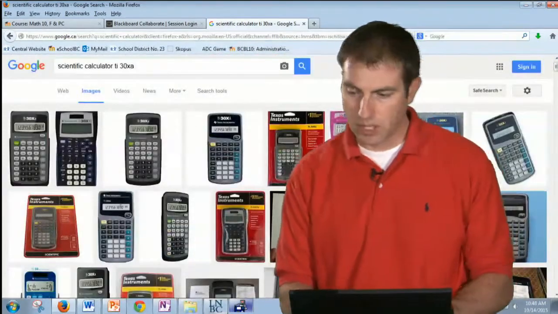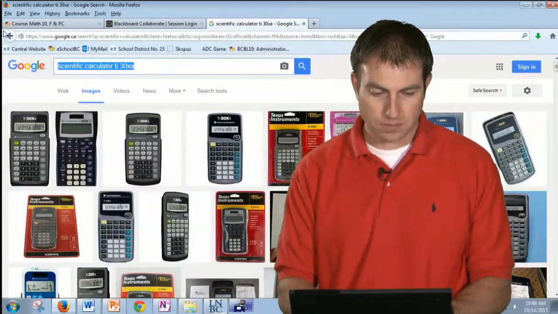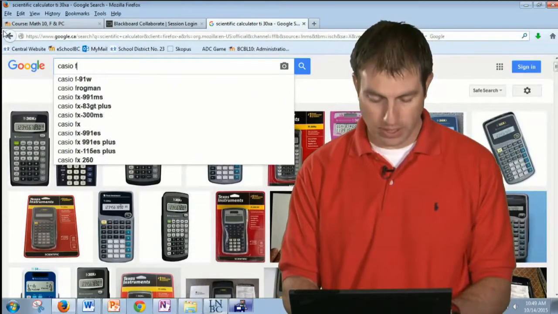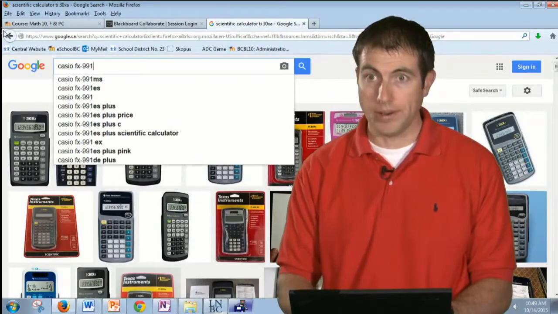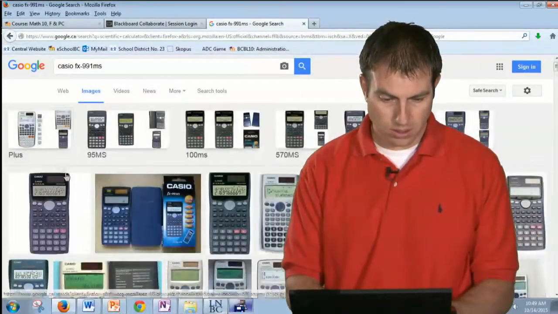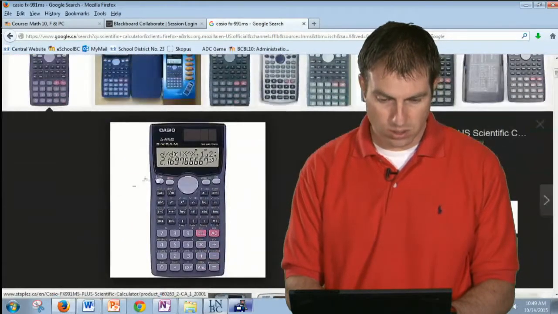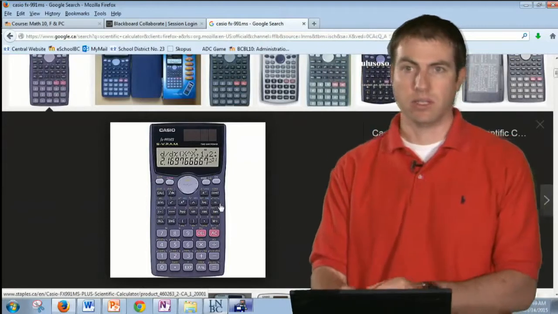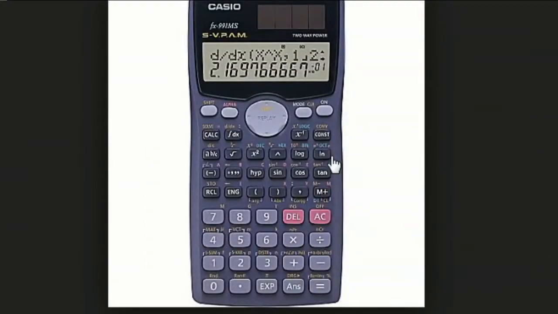And there's a few ways to do these. Casio FX991 MS. Probably this one. This is a calculator I really liked using when I was in school. Yeah, you have the hat there, Abby.